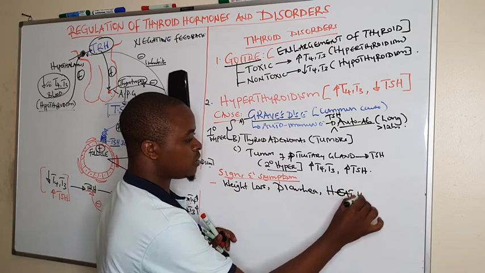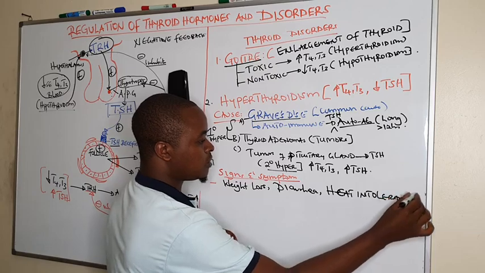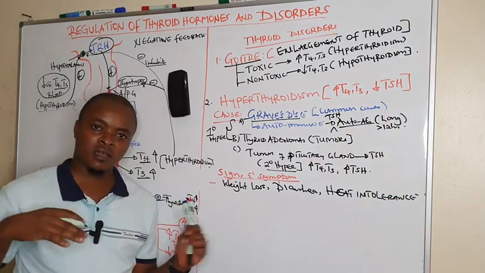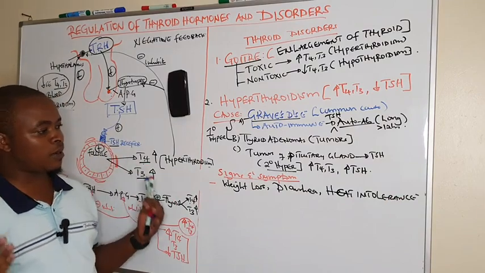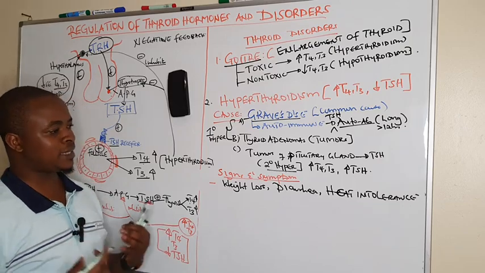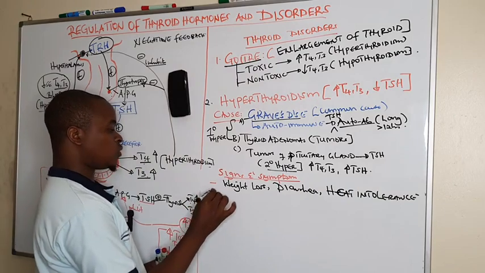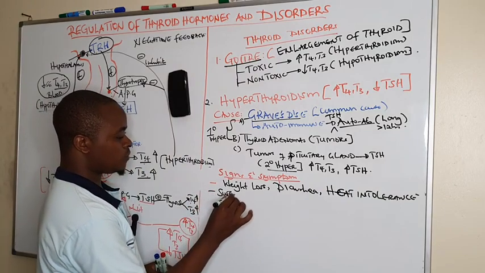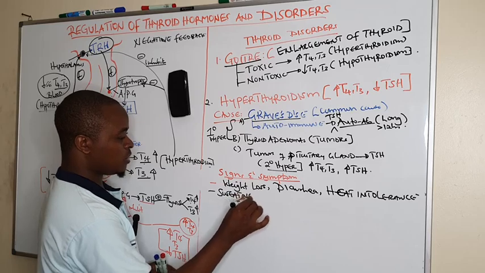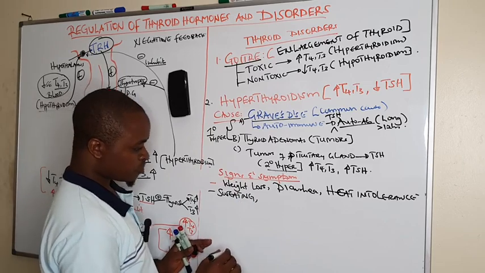There is heat intolerance as a sign. So people with hyperthyroidism are always feeling burning within their body. In the body there is much production of heat due to high temperatures. Then there is also sweating. They experience night sweats.